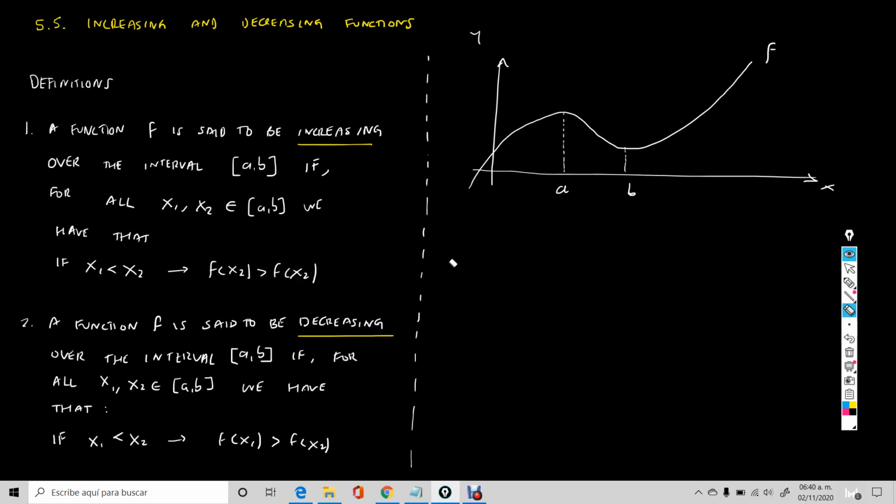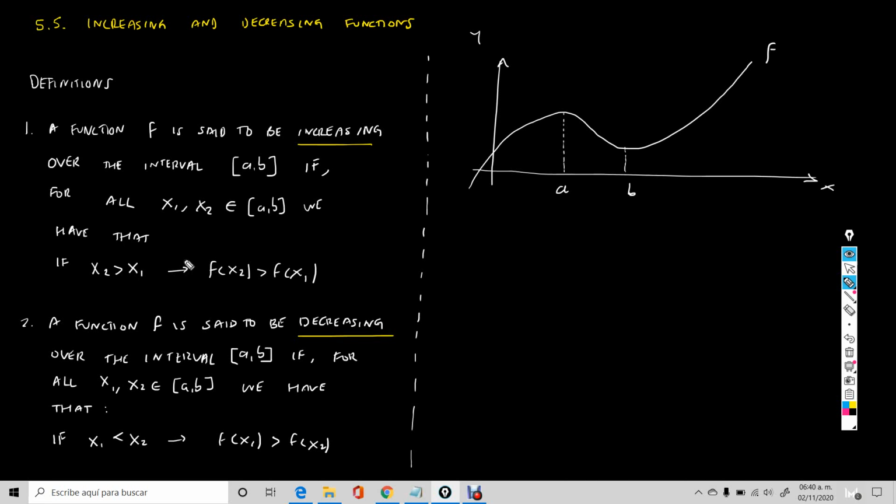I made a mistake here. Actually, we can put it in this way, I think this sounds much better: if x2 is greater than x1, then f of x2 is greater than f of x1. Yeah, I think that sounds better.